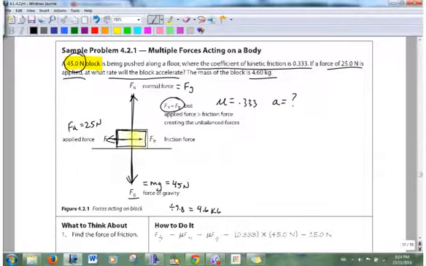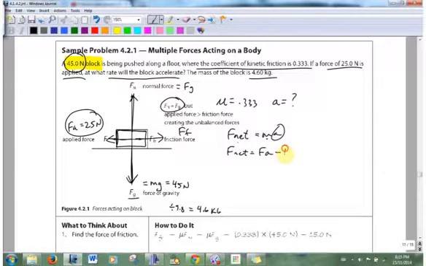Opposing my applied force is my force of friction. And I know this thing's accelerating, so there must be a net force. If there's some positive acceleration, I know this thing has mass, so there must be a net force. The net force is the unbalanced force.